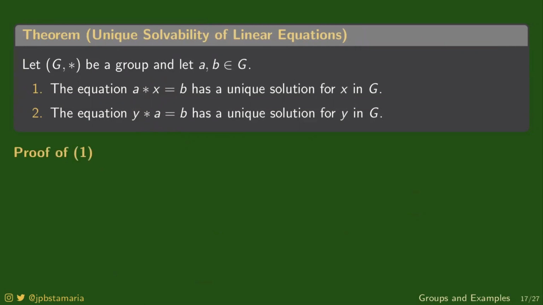For example, how do we show that this equation has a solution, and how do we show uniqueness? When you hear in math 'has a unique solution', there are actually two things to prove. First, that a solution exists. Second, that it has only one solution.